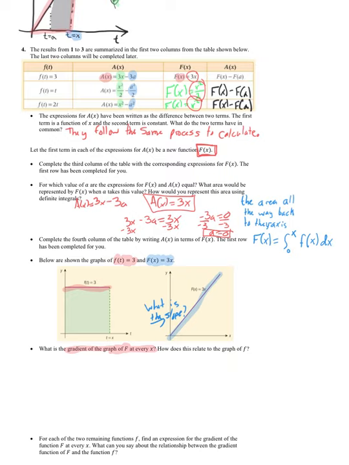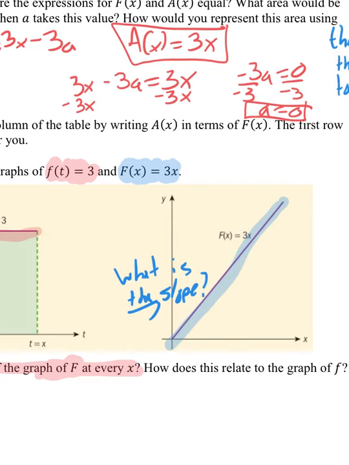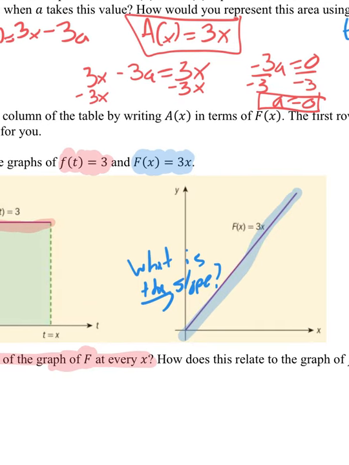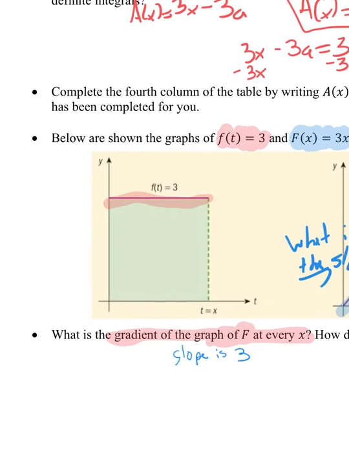So starting with the graph on the right, what's the slope of this graph if you have F of x equals 3x? Anyone know what the slope is? Or the gradient? 3. Yeah, exactly. Slope is 3. How does that relate to the second graph? What does the 3 have to do with the other graph?